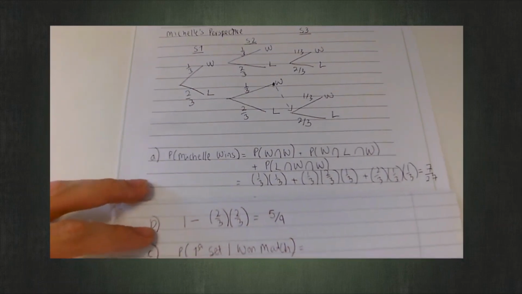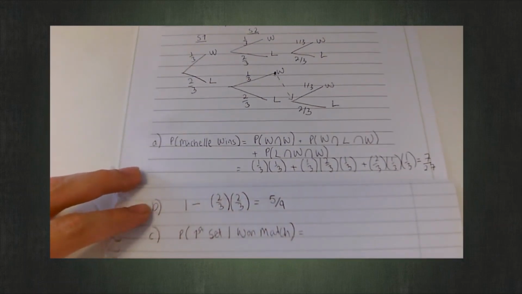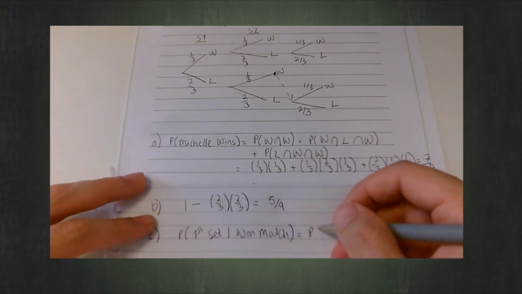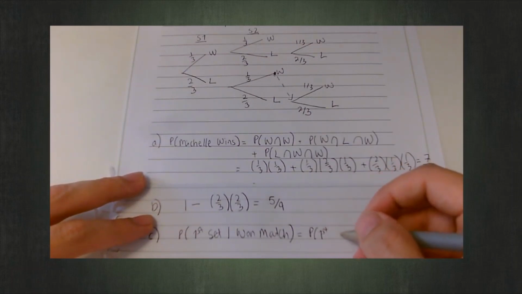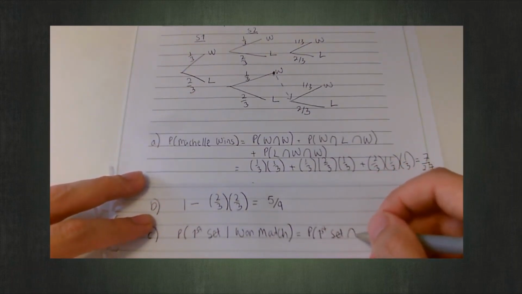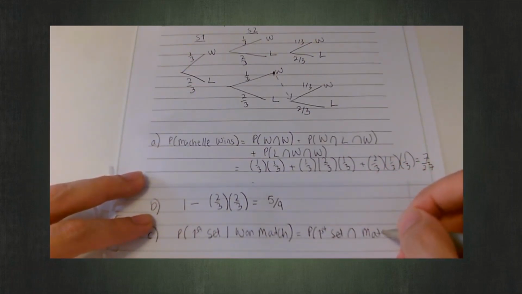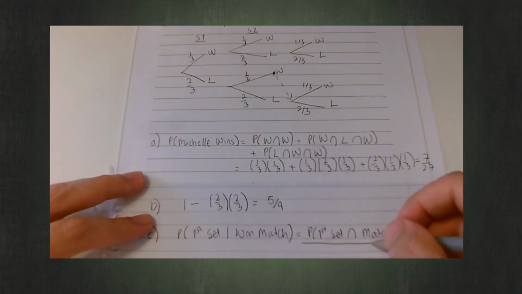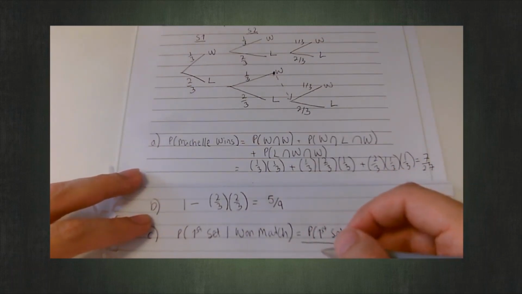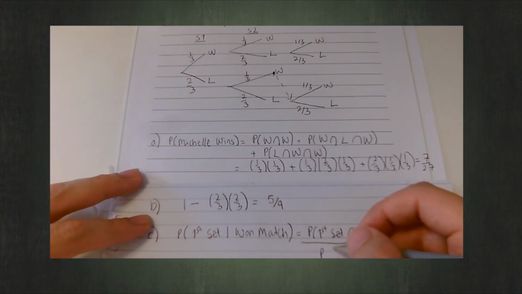Now, because it's a conditional probability, we can use the multiplication formula. We can break that into probability of winning the first set and the match over the probability of winning the match.